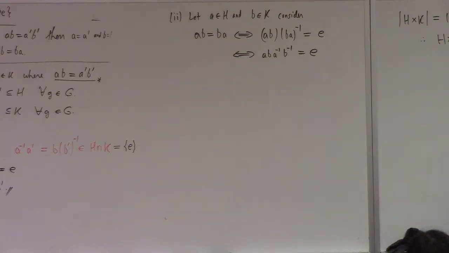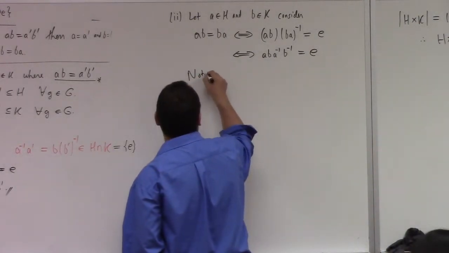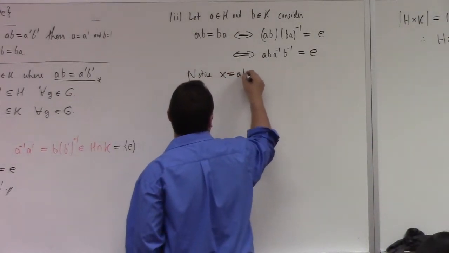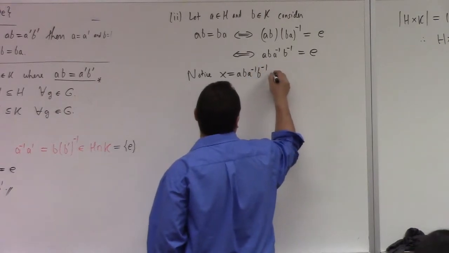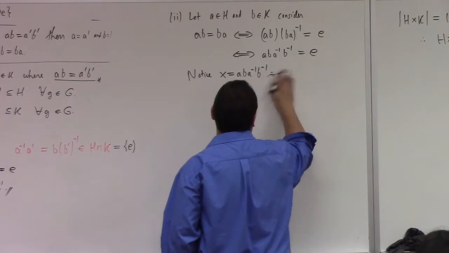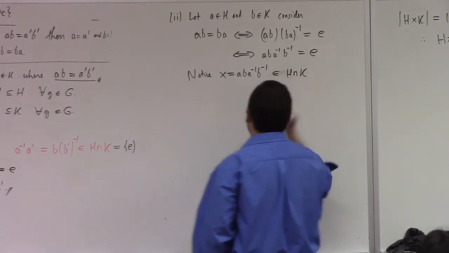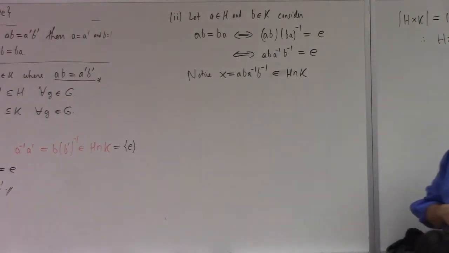If I call the thing I'm looking at, notice, x equals to a b a inverse b inverse is equal to the identity, which, I've already got that, is an element of what? It's an element of H intersect K, yeah? Right?